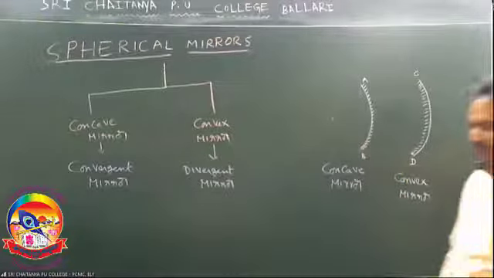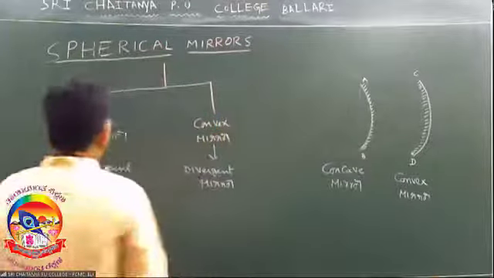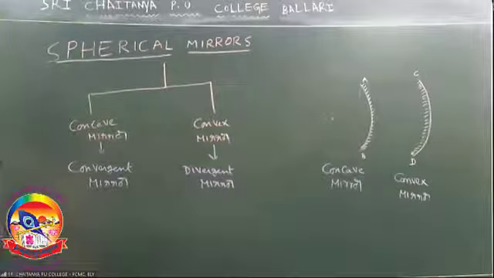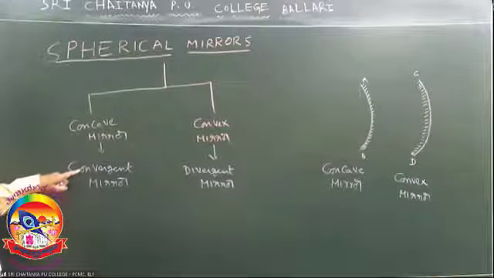In a concave mirror, whenever the light rays are allowed to be incident on the mirror, after reflection, all the light rays converge to a point. That's why it is called a convergent mirror.